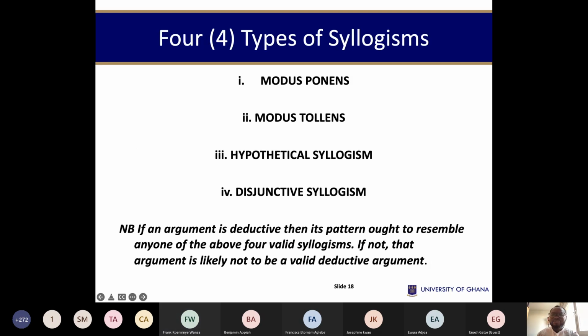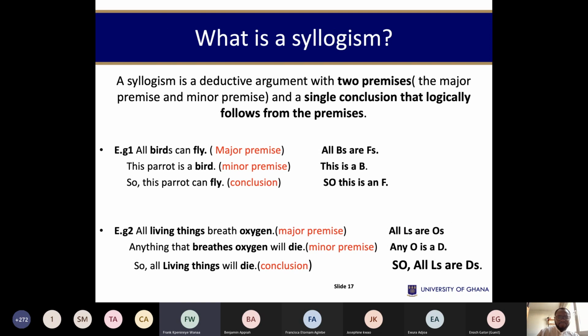There are 4 types of syllogisms. Before we look at the 4 types, I want us to look at syllogisms again. I have given you 2 examples.